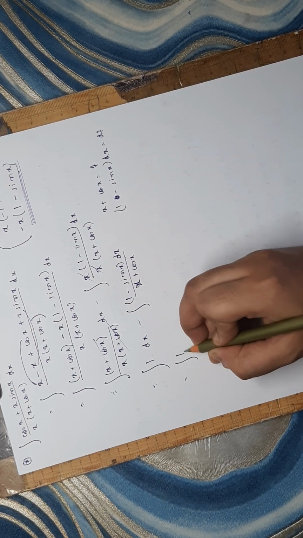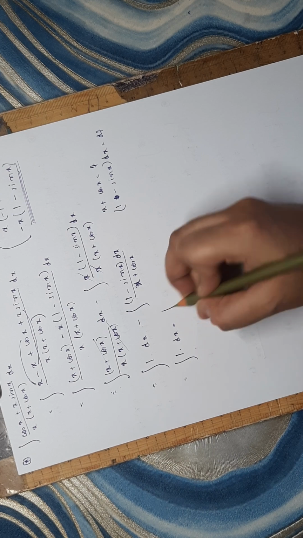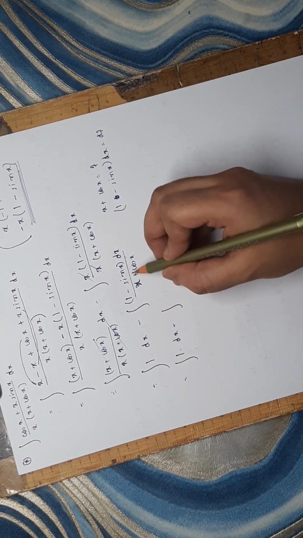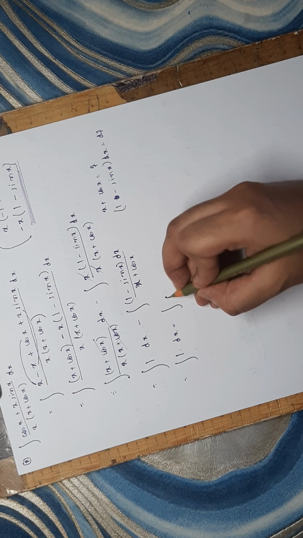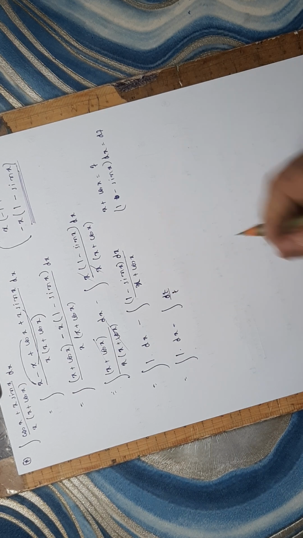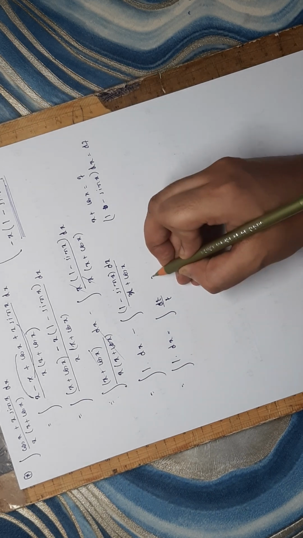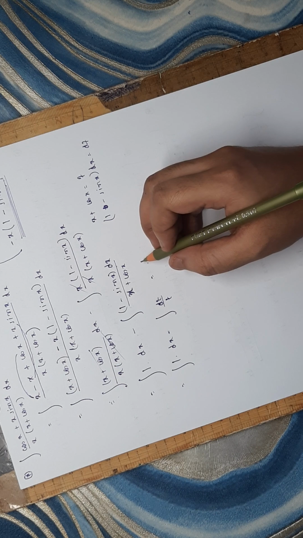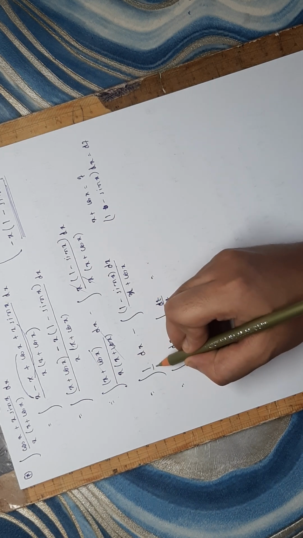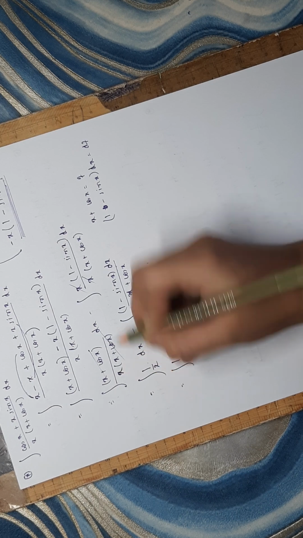So ultimately what we will be having is the integration of dt by t. Finally we will get a term based on log only. I am sorry, I made a mistake here. There is a 1 by x here.